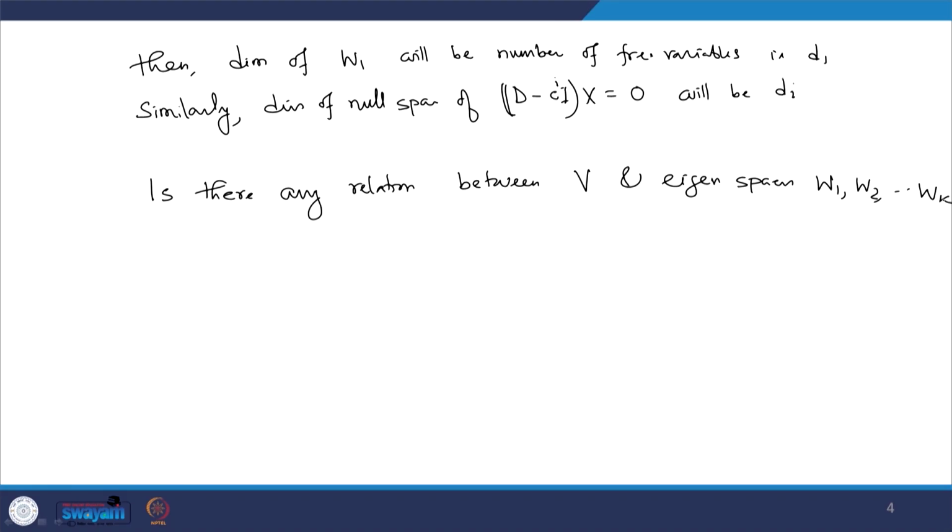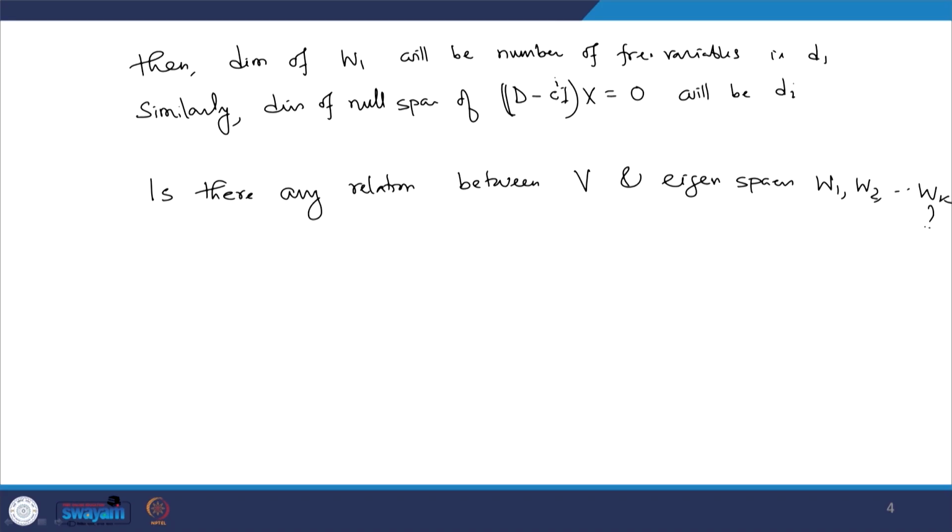The null space of (D minus Ci I) is basically the eigenspace related to the eigenvalue Ci, please. So, this is the question: is there any relation between V and the eigenspaces W1, W2, Wk? This is the question, please.